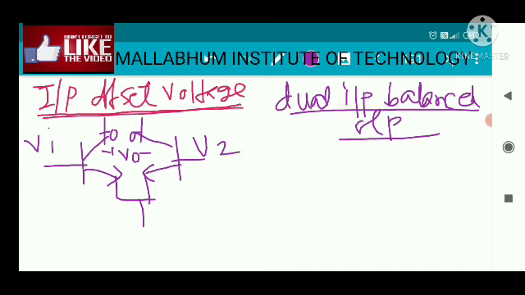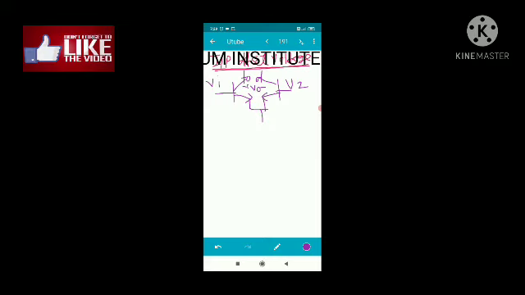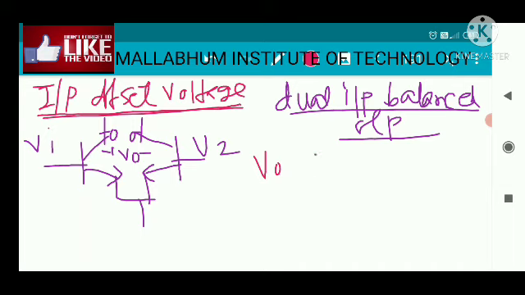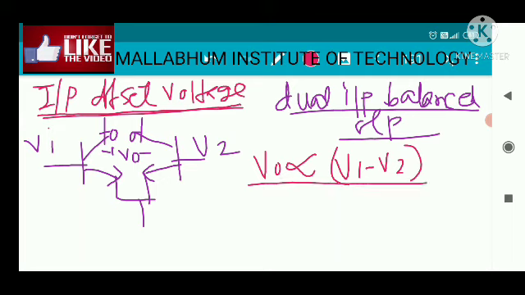In the case of the operational amplifier, I have said that your output voltage will be proportional to the difference between these two voltages applied at the two inputs.